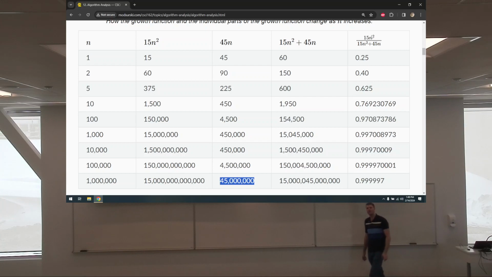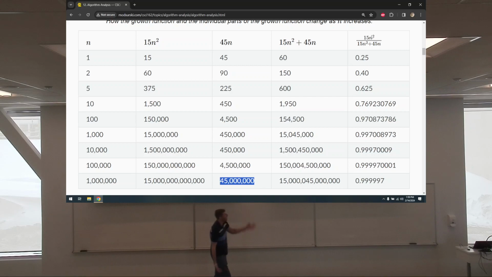The 45n part accounts for 0.0003% of the work. It's nothing. And if I made the input 10 million, the 45n's part of the blame gets smaller and smaller because the n squared grows so much more rapidly.